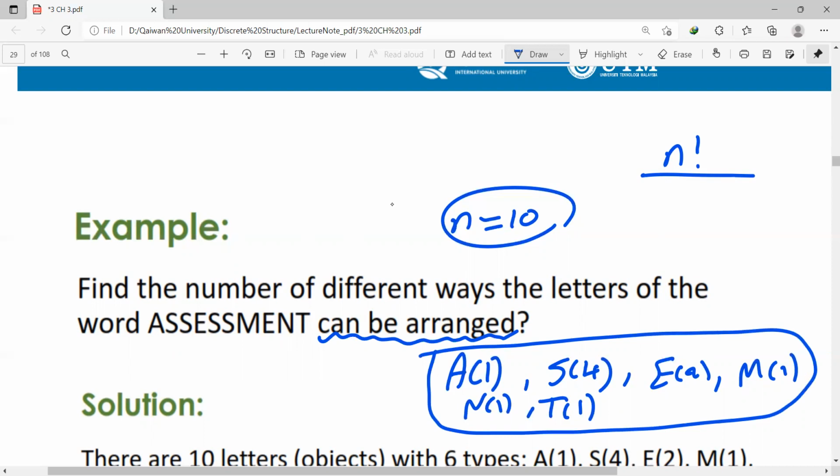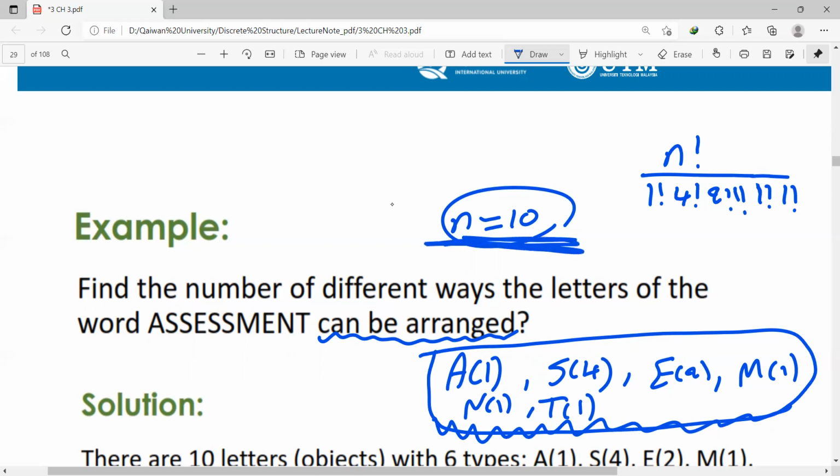Okay, it equals 1 factorial, which is the number of A, times 4 factorial times 2 factorial times 1 factorial times 1 factorial times 1 factorial. Here we multiply the factorial of all types in the denominator, and in the numerator we are gonna find the factorial of n.